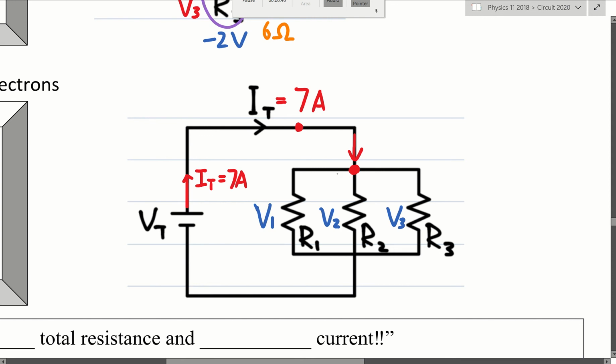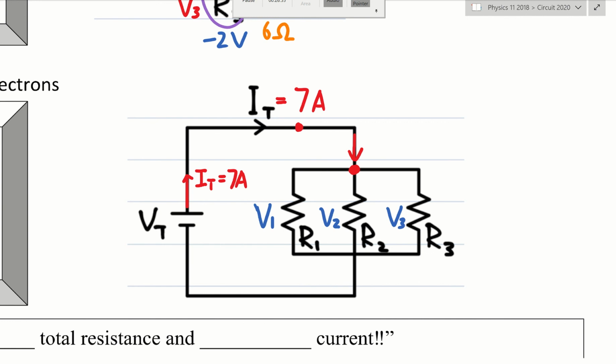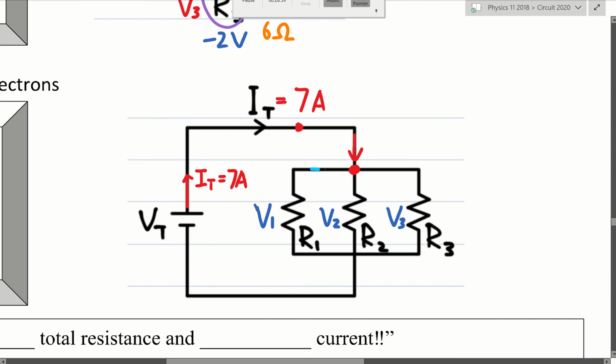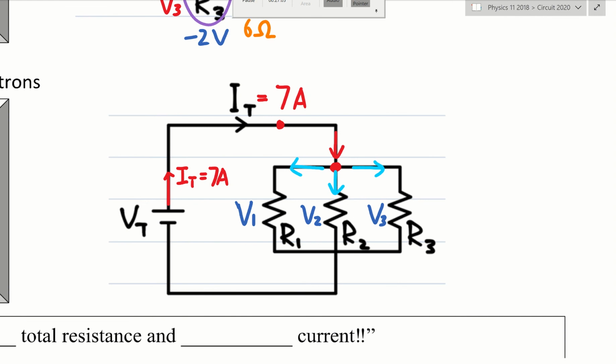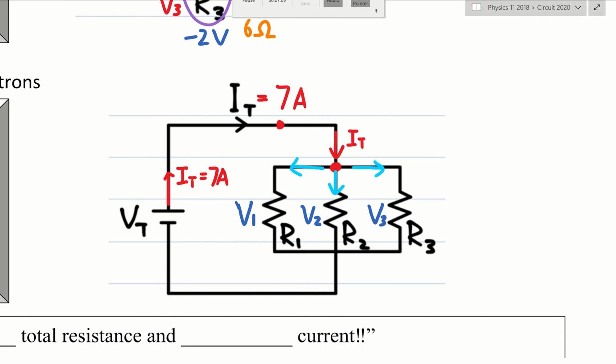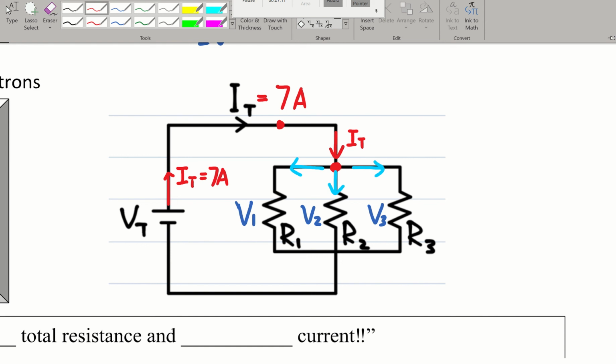So maybe one electron would go this way. Some electron would go this way. Some electron would go straight. So let me split up by using a different color. Some electron go this way, some electron go down, some electron go to the right hand side. Okay, so you have I total, and it's going to split up into I1, I2, and I3.